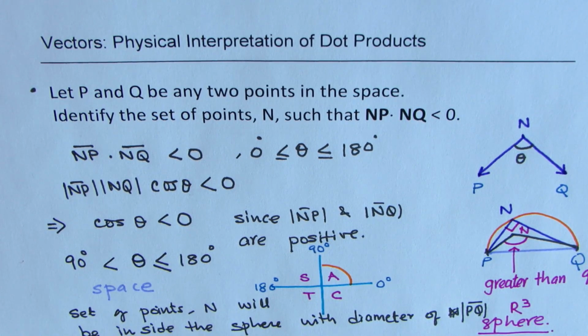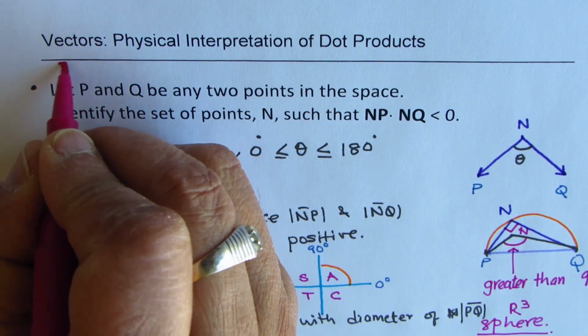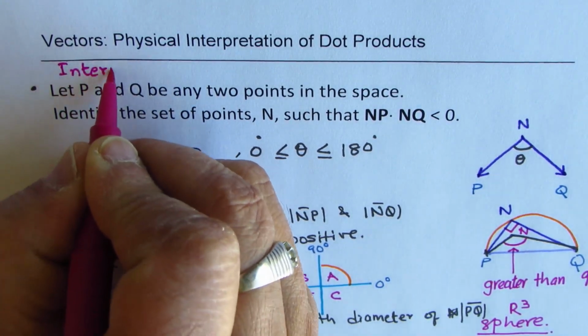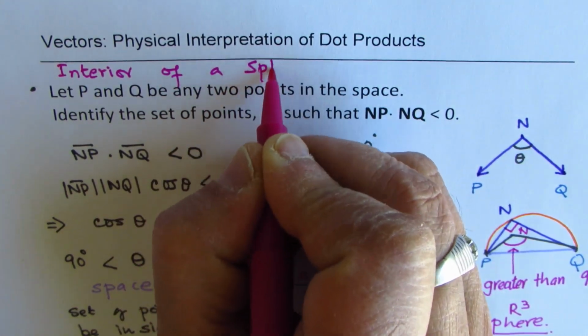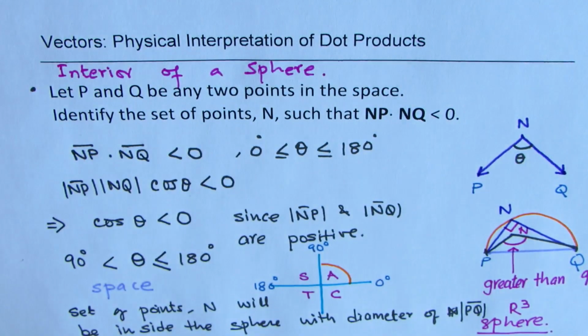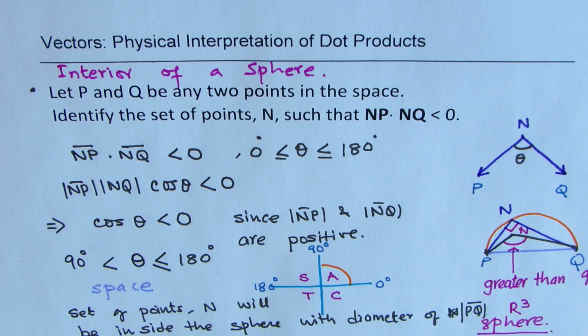And this set of points is the interior of a sphere. Isn't that interesting and useful? Here you see a very important application of dot product and how powerful dot product could be in analyzing situations. I hope you understand and appreciate it.